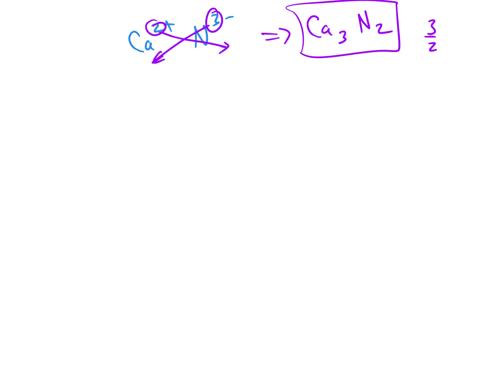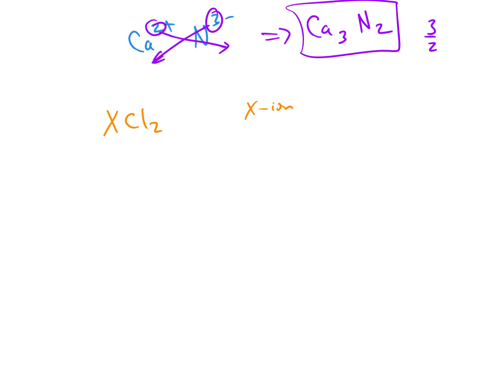So let's say we have a compound that has a chemical formula of XCl2. And we know the X ion, so we know this is an ionic compound. And X happens to be what kind of element? Is it a noble gas?